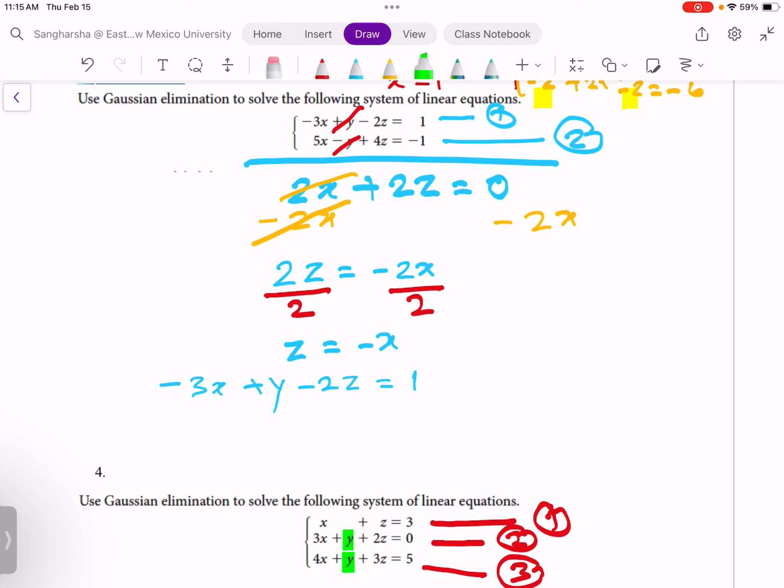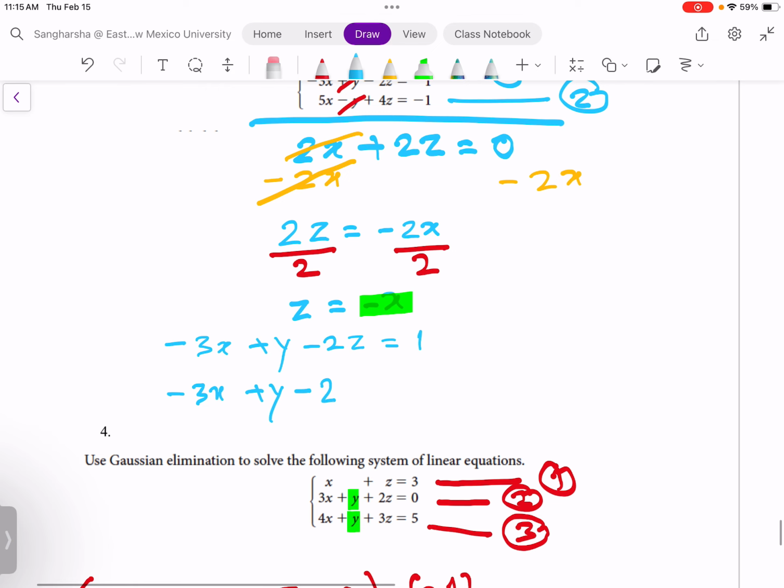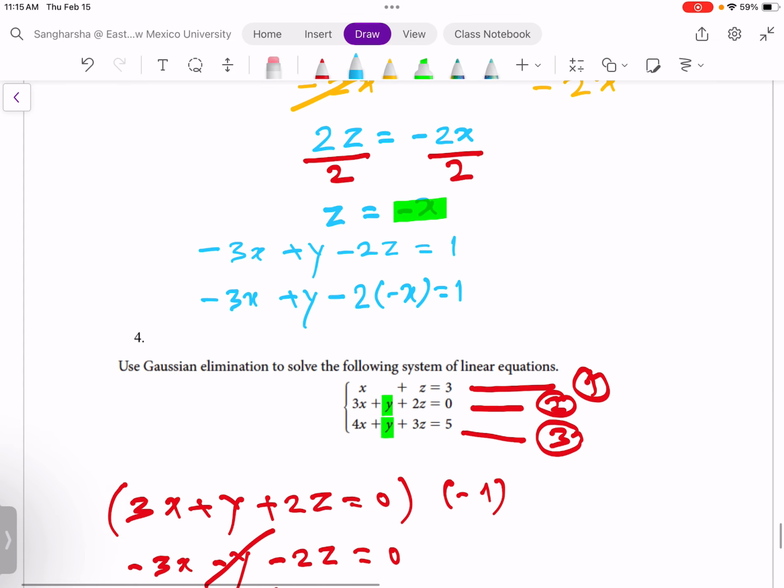For every z in equation 1, we substitute negative x. So we have negative 3x plus y minus 2 times negative x equals 1. By adding equations 1 and 2, we know z equals negative x.